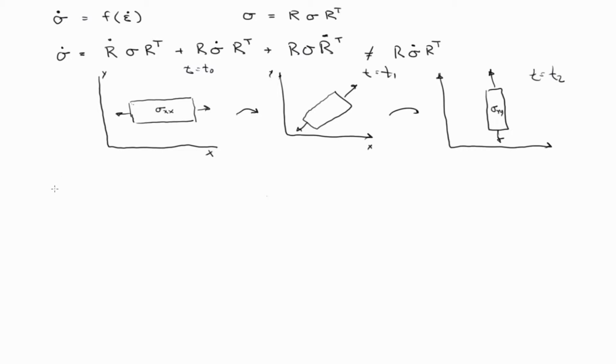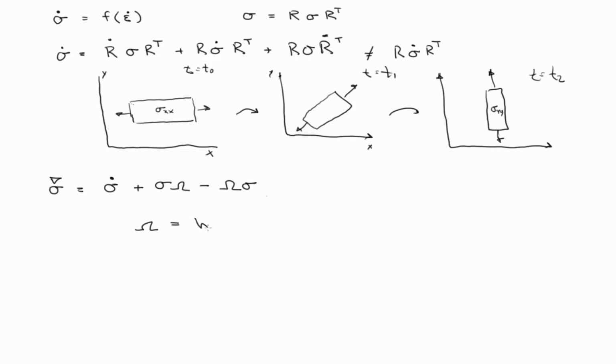So what we often do is define something called an objective stress rate. A lot of times we'll use this upside down triangle. It is a rate, okay? And we define it as this. How we choose omega gives us different rates.